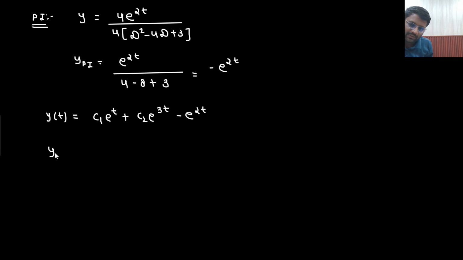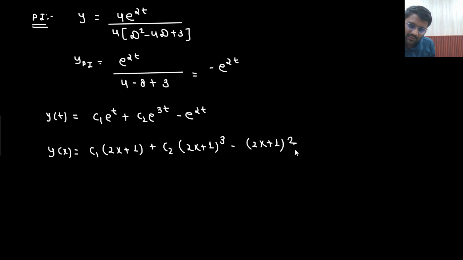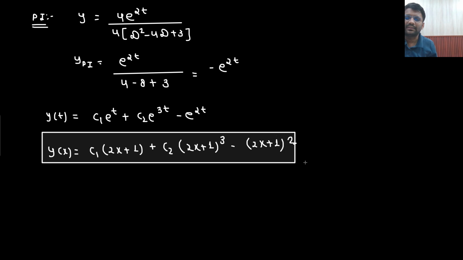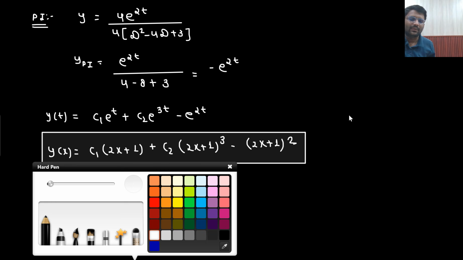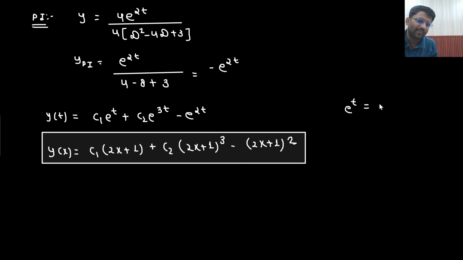There you go. This is the answer that you are getting. Okay. Why is that so? Because e to the power t is nothing but 2x plus 1. So here you need to put 2x plus 1, here also you need to put 2x plus 1 to the power 3, 2x plus 1 to the power 2. That's the answer that you are getting.